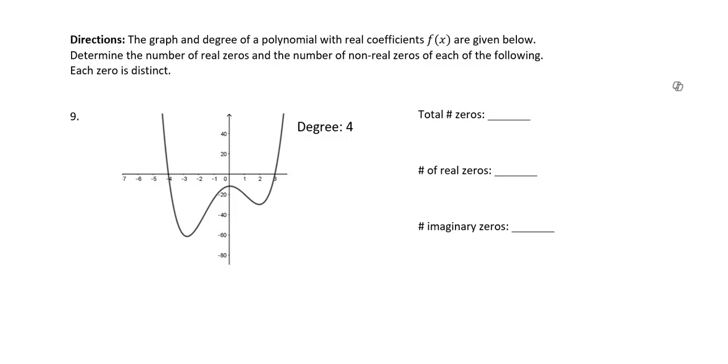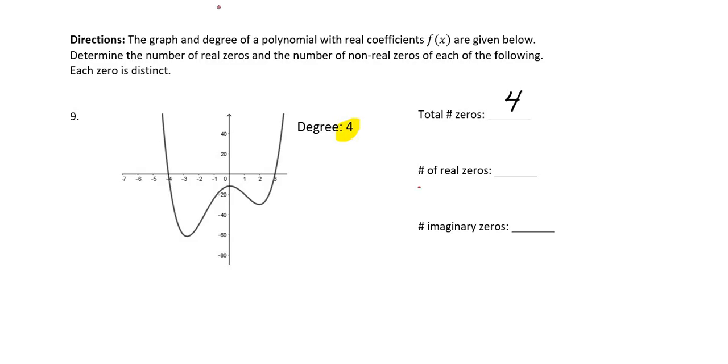Here are the directions for the next few problems. The graph and degree of a polynomial with real coefficients f of x are given below. Determine the number of real zeros and the number of non-real zeros of each of the following. And each zero is distinct. So if I have a polynomial of degree 4, that means I'm going to have 4 zeros.